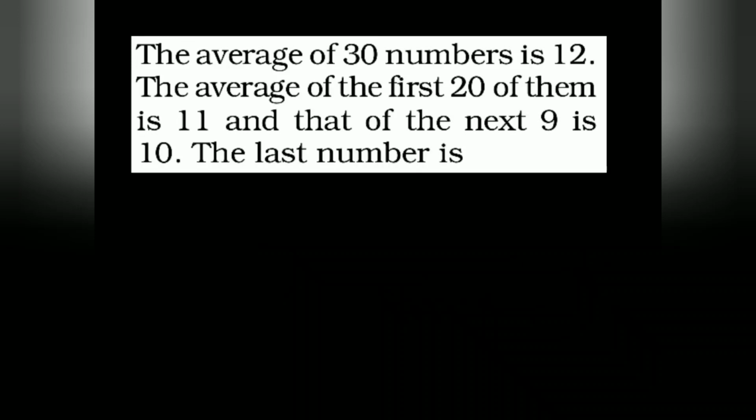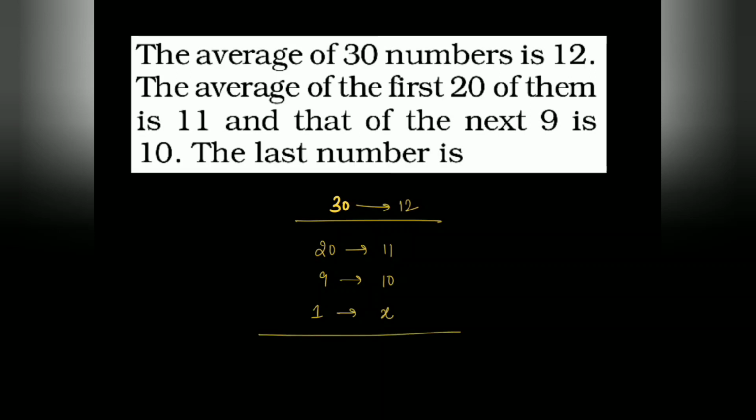Now in this question, the average of 30 numbers is 12. They have already given the average of 30 numbers, which is 12. The average of first 20 of them is 11. That of the next 9 numbers is 10. And the last number is how much? So let it be x. So this x is what he is asking you.